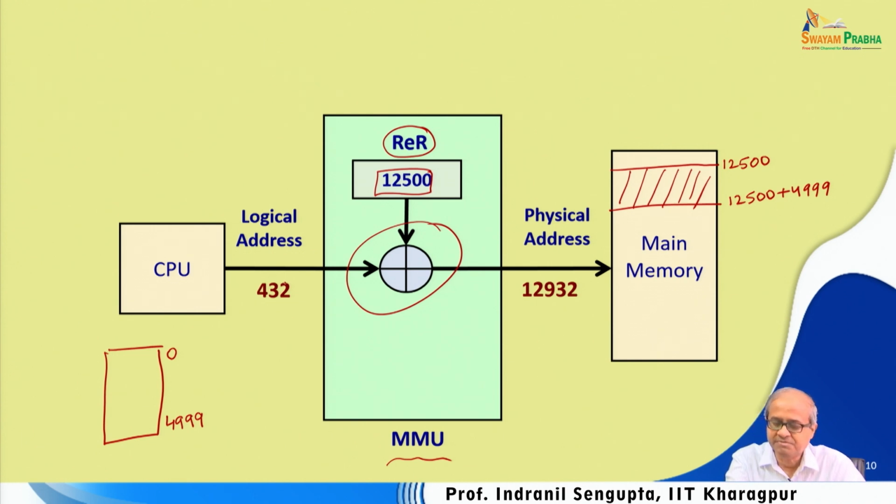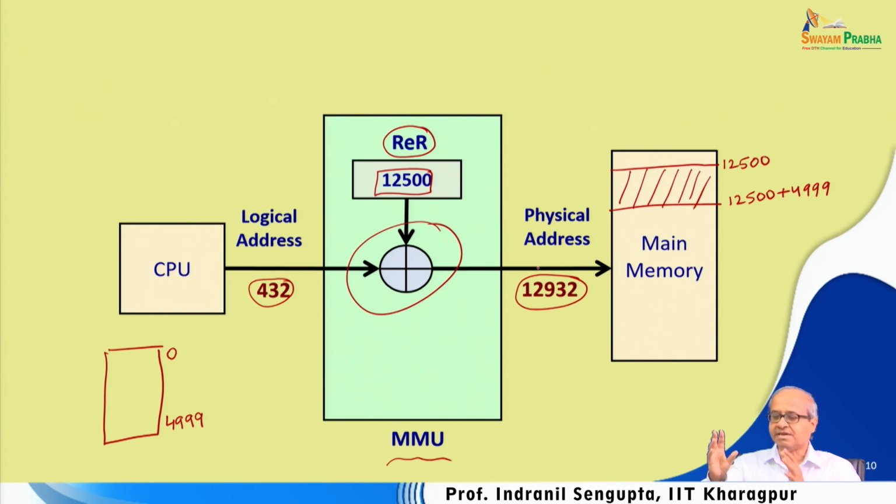For example, if the CPU generates the address 432, it will get added with 12,500 and the physical address 12932 will be generated. This is done for instruction fetching, data read, data write, all memory accesses.